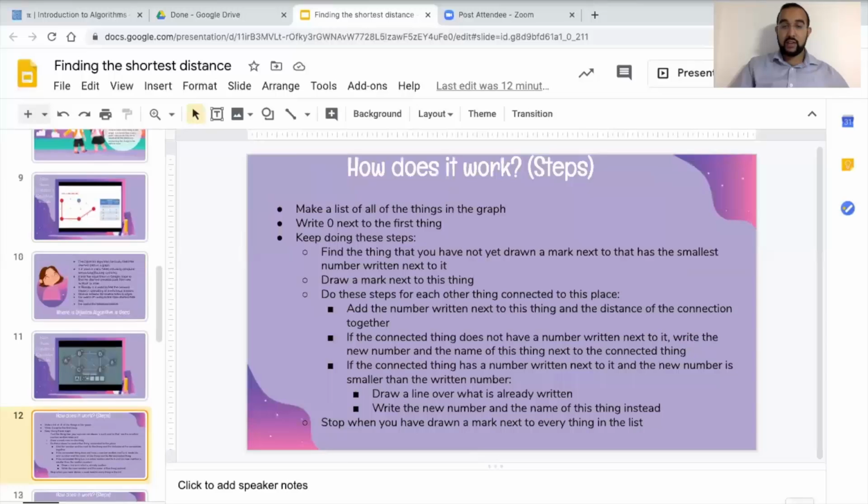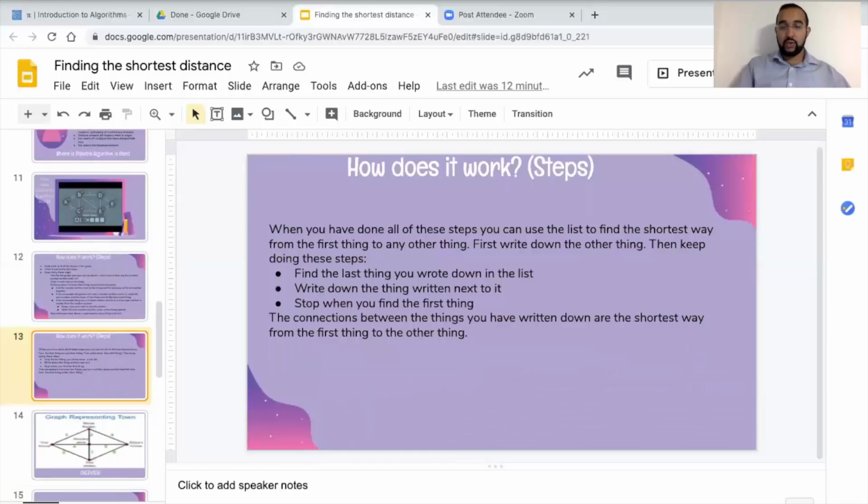After that, you do a step-by-step guide on how, as students, we can fill in a chart using Dijkstra's algorithm, finding the most efficient route.